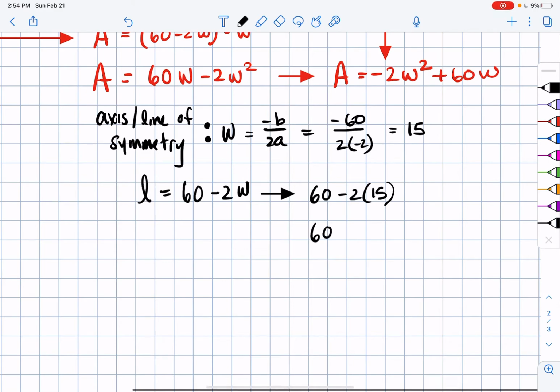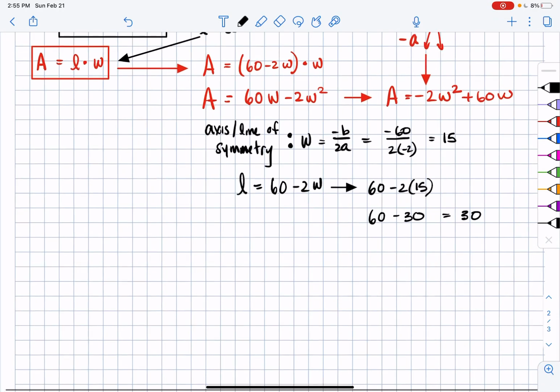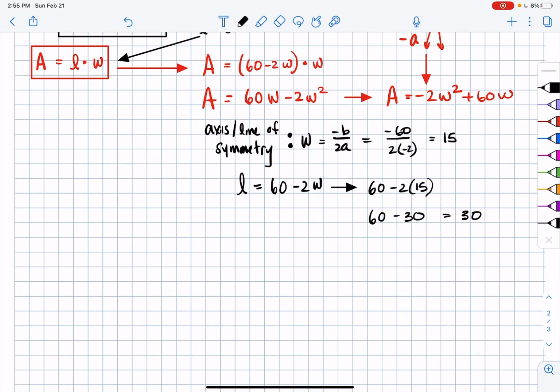Which 60 minus 30 is going to equal 30. So again, that would be my length. So it doesn't ask me what my area is, but I do know that my length is equal to 30 and my width is equal to 15. And that, ladies and gentlemen, would be choice A.